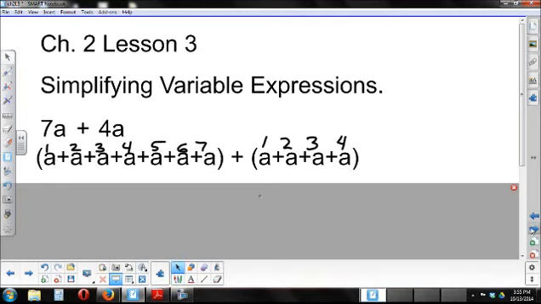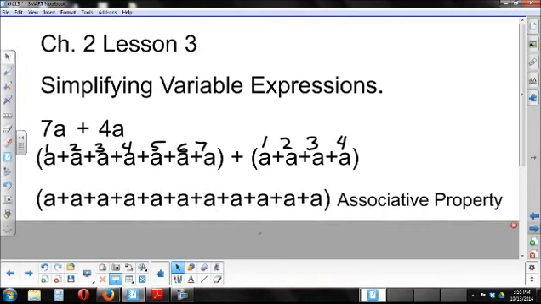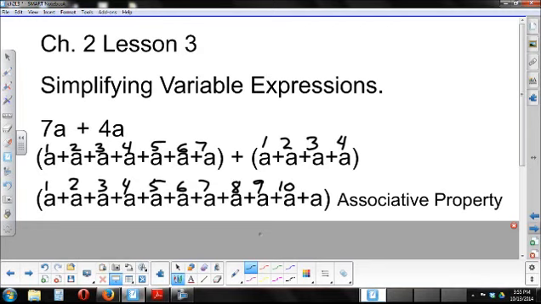Now we can regroup them using the associative property. And now in one big group we have 1, 2, 3, 4, 5, 6, 7, 8, 9, 10, 11 a's.